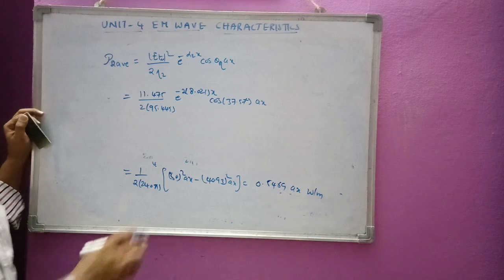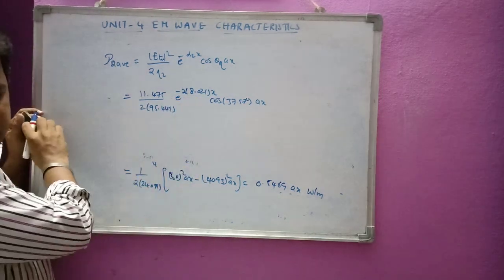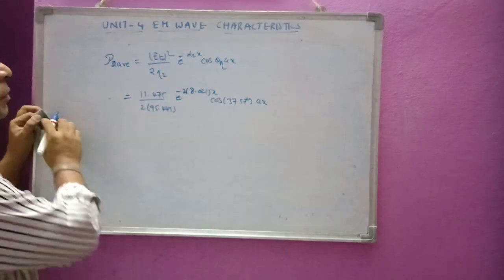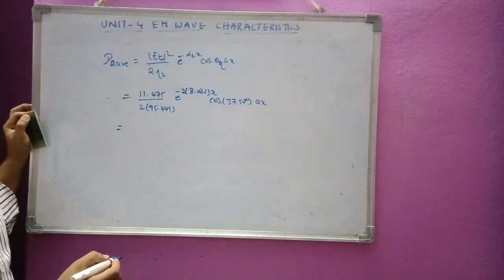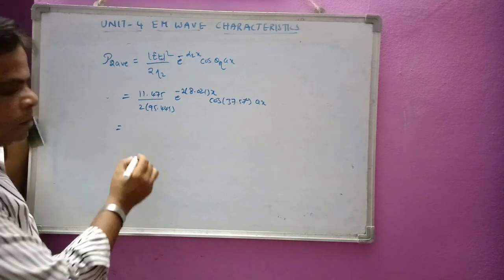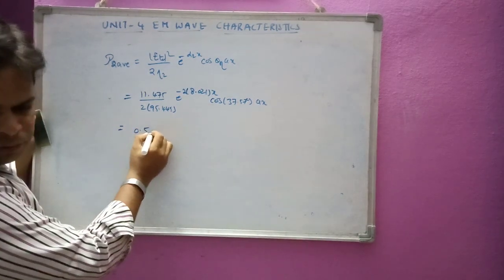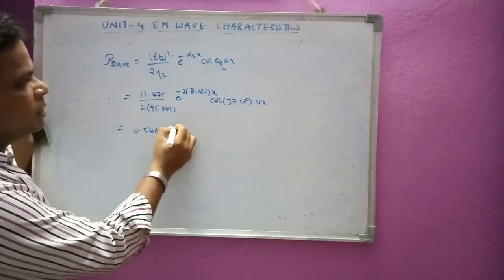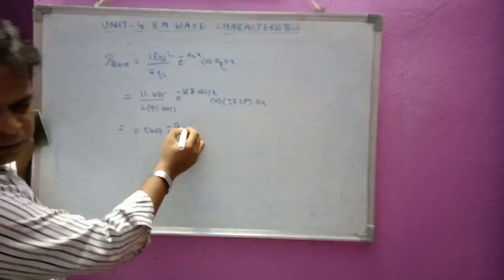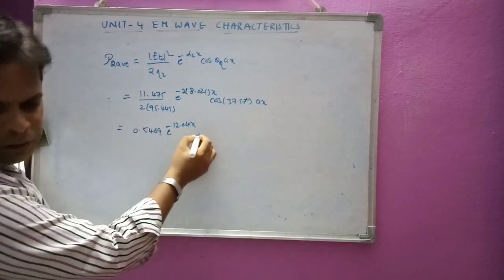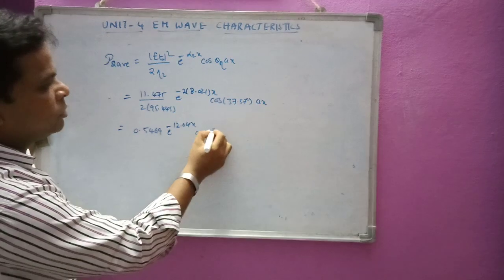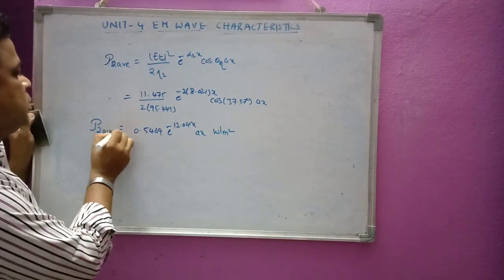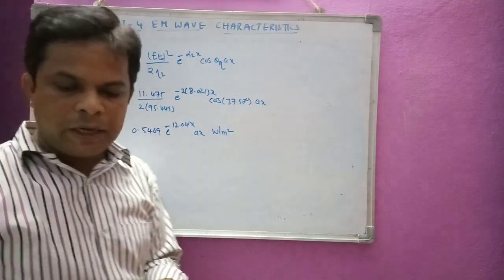By calculating these entire values we will get 0.5469 e power minus 12.04 x into a_x Webers per meter square. So this is the P2 average, that is the power flowing in medium 2.